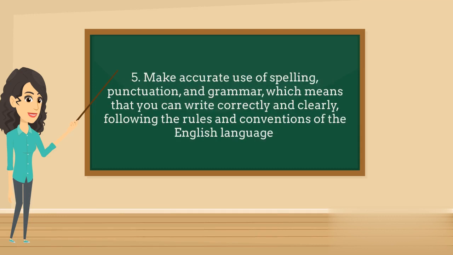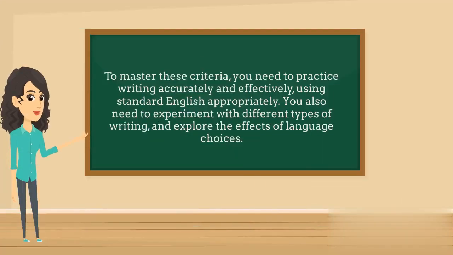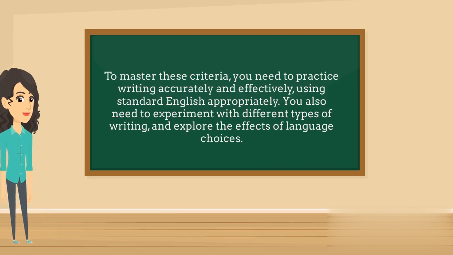Make accurate use of spelling, punctuation, and grammar, which means that you can write correctly and clearly, following the rules and conventions of the English language. To master these criteria, you need to practice writing accurately and effectively, using standard English appropriately. You also need to experiment with different types of writing, and explore the effects of language choices.